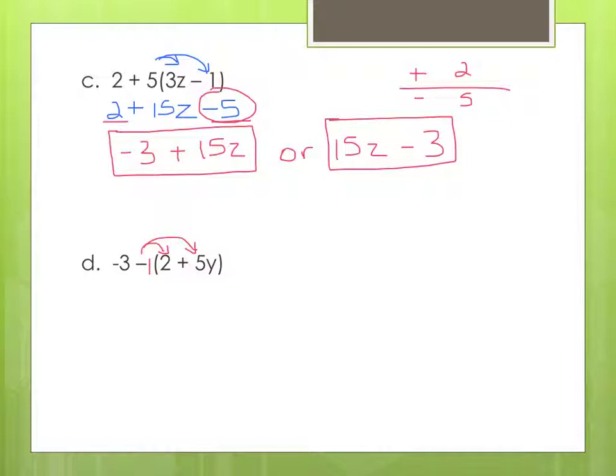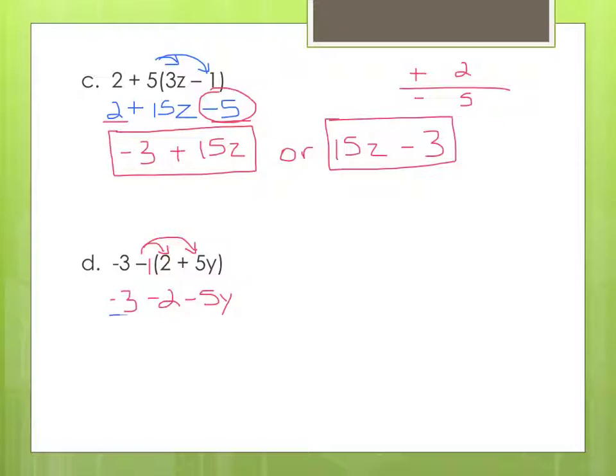So put your 1 there. So negative 1 times 2 is negative 2. Negative 1 times 5y is negative 5y. Now this minus sign came down already when I multiplied it as a negative, so I'm just bringing down my negative 3. So I have negative 3 minus 2 minus 5y.